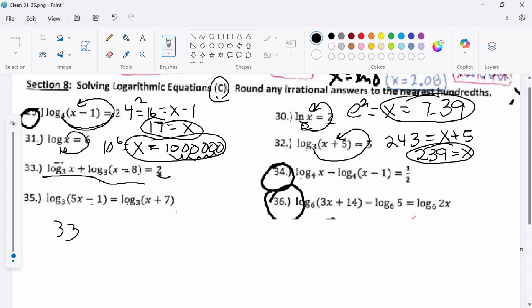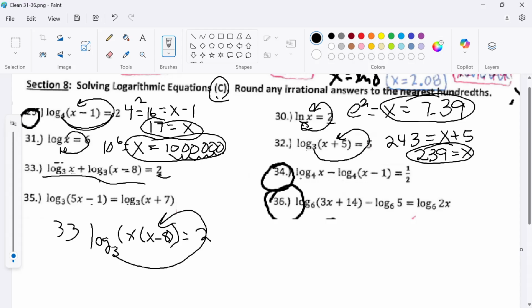If they're added, I can put them in one log and multiply them. So this is log base 3 of x times x minus 8, and that equals 2. So now I do fishhook.